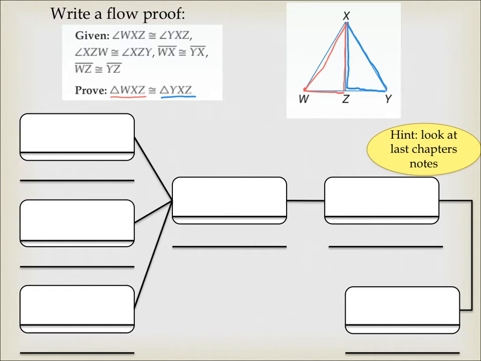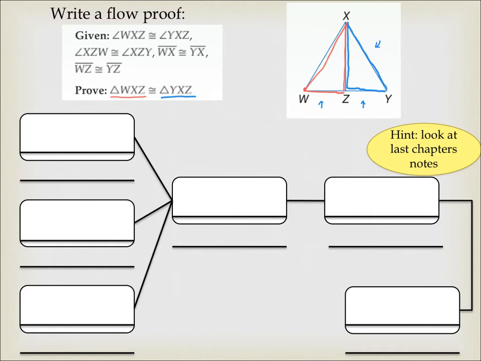So just based off my picture, I need to figure out where my corresponding angles are and what my corresponding sides are. Now when you're doing this, you want to pay attention to the picture and different key features. So here I have a short side and a short side, and then I have a long side and a long side. So these are some key features I want to keep in mind as I do my proof and to see if they match up.